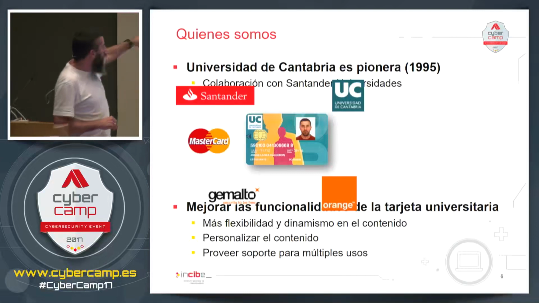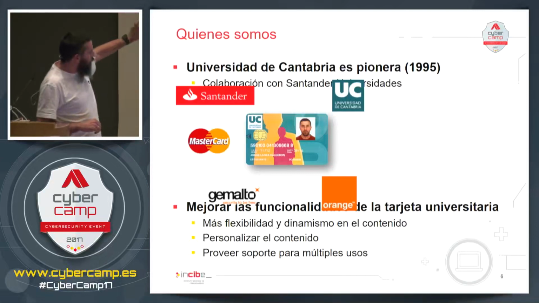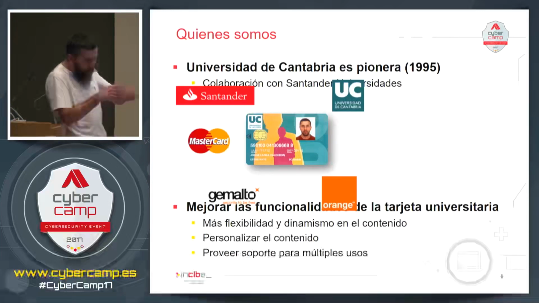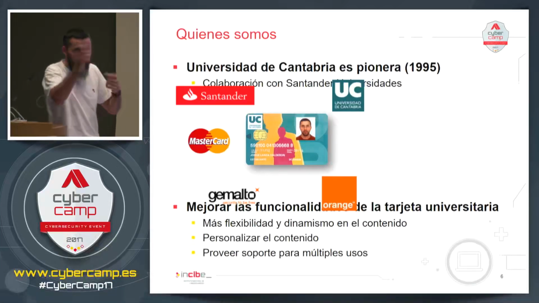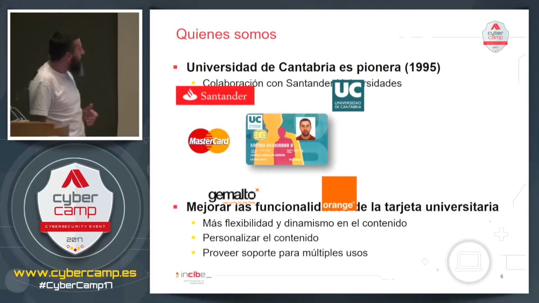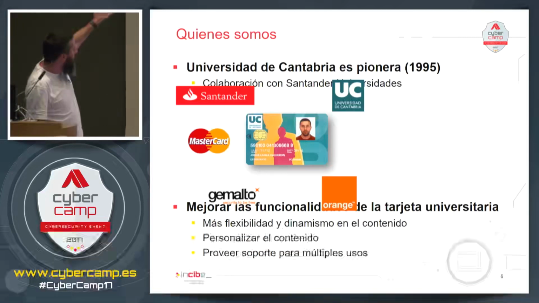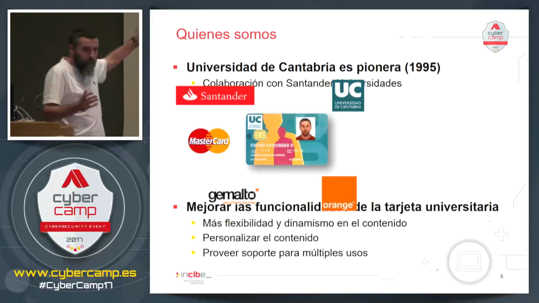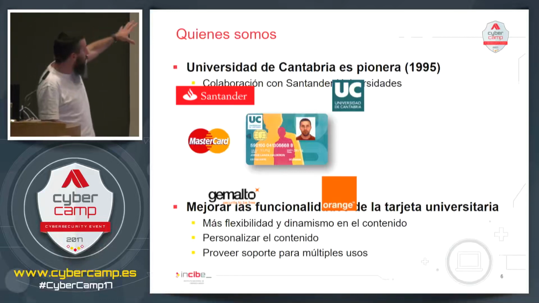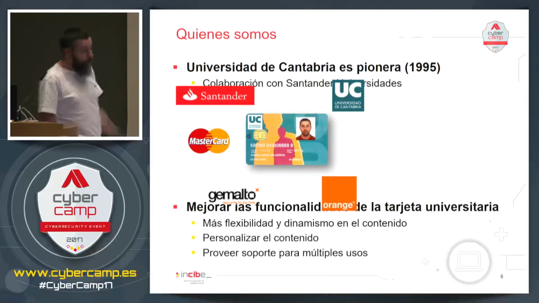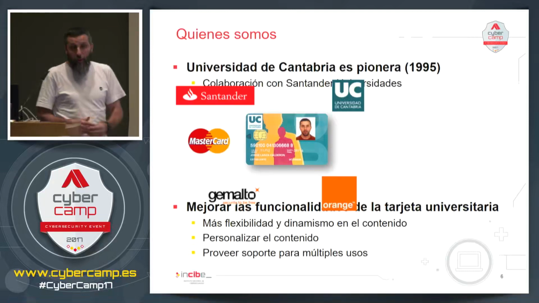And these are the logos. It was orange. That wasn't really present at the time. But then there were acquisitions and mergers. Orange did appear. We had a team composed of Banco Santander, the University of Cantabria, Gemalto, leader in distribution and manufacturing of smart cards and for safety too, and Orange.